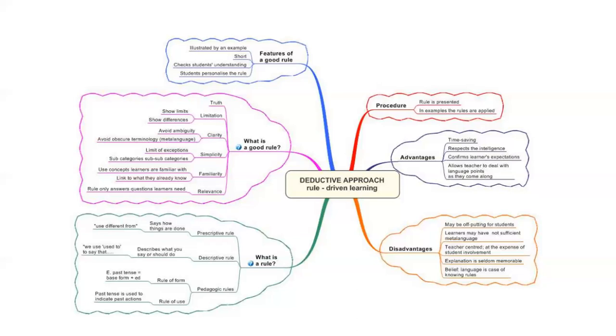So I am presenting right now one of the approaches of presenting grammar or teaching grammar, and one of the approaches is a deductive approach, and that is what I'm doing right now. That is a deductive method. Like I am presenting the rule, I am presenting the approach, and I will give you examples right now. So muna siya ang deductive approach.